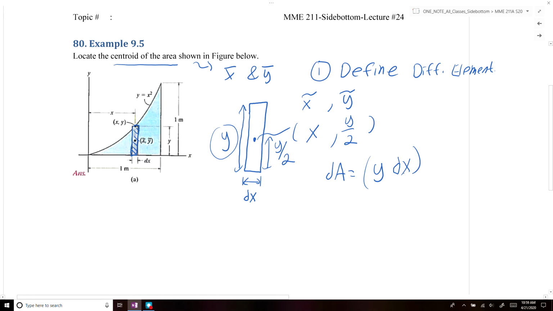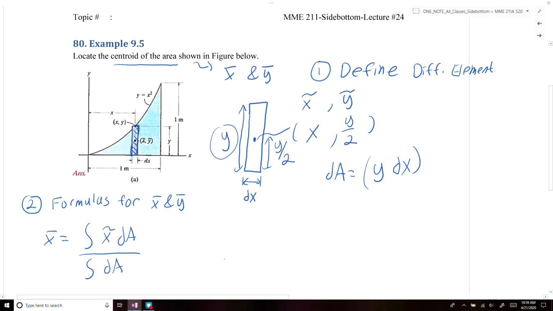So now that we have our differential element defined, our second step would be to determine what formulas we need to use. So it's our formulas for x bar and y bar. For x bar, our formula is equal to the integral of x tilde dA divided by the integral of dA.